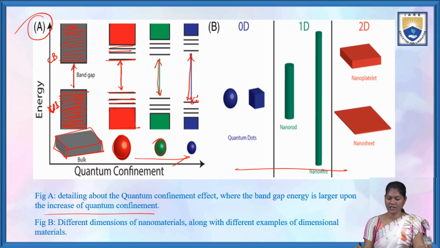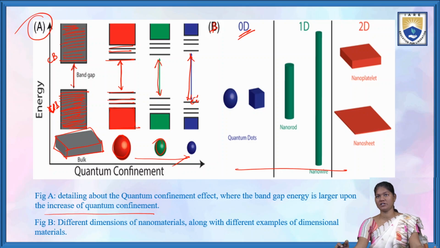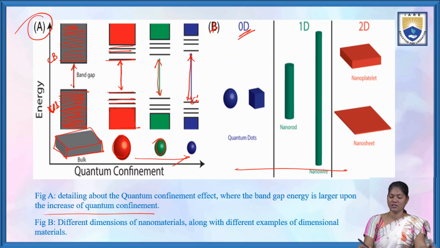Here in figure B, it shows the dimensions of materials along with different examples of dimensional materials. So we have 0 dimension, 1 dimension, 2 dimension, 3 dimension; I am showing the first level as 0 dimension. In 0 dimensions, we can take quantum dots as examples.